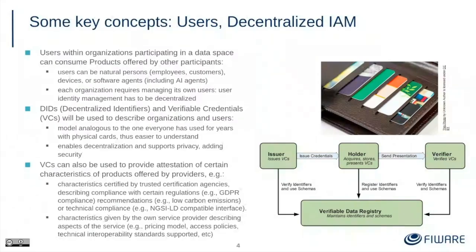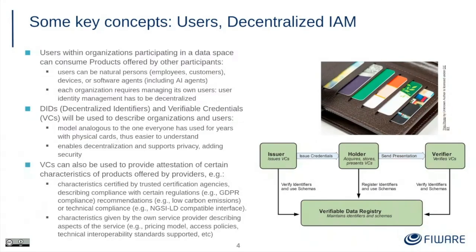Verifiable credentials can be used to provide not only attestations about the users, but also to attest characteristics of a product that is offered by a provider. We already talked about the trust that we need in this data space. If I offer a product, my consumer might want guarantees that this product fulfills certain characteristics.